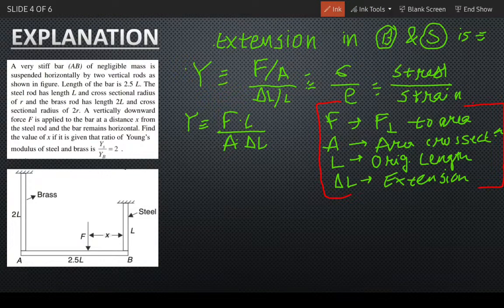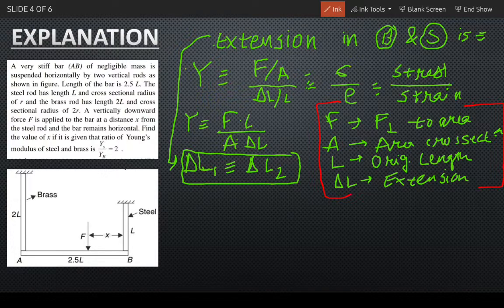So coming to the question, we know that the extensions in both wires are the same, that is del L1 is equal to del L2. This is the major equation that was to be found from this big concept.